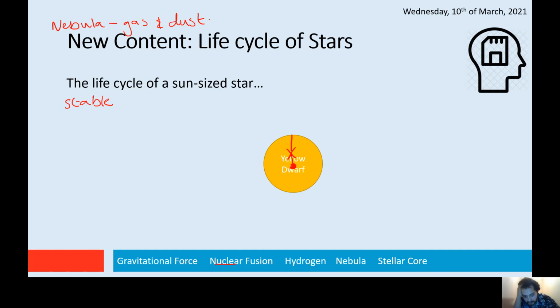So in the core, in the middle of the star, that's where nuclear fusion happens, and it releases a lot of energy. And when that nuclear force is balanced with the gravitational force, you've got a stable star. So gravity is equal to fusion by here.